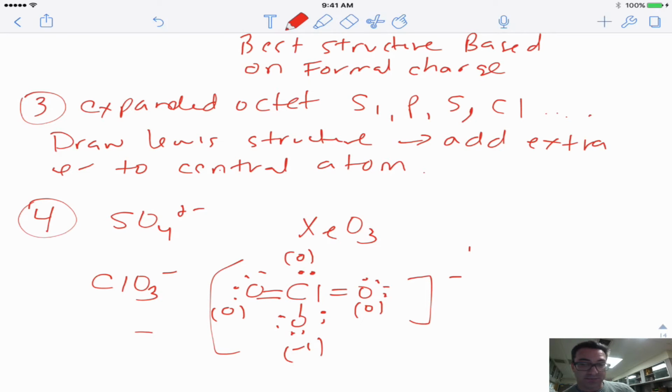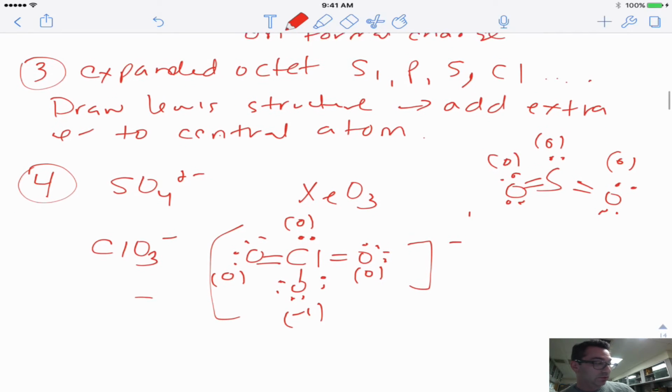Another interesting example is SO2. SO2, you would think it has a double and a single, but it turns out when people experiment with this and they actually look at the structure, it looks like this. S violates the octet rule because it can, but it also brings the formal charges down all to 0, and this is the more stable structure.